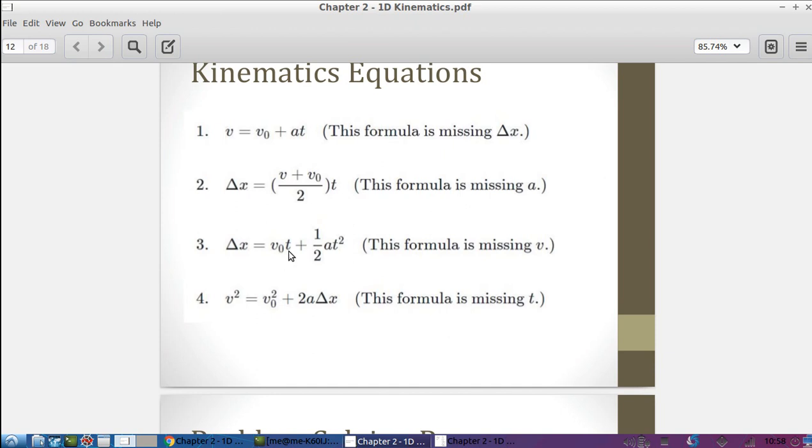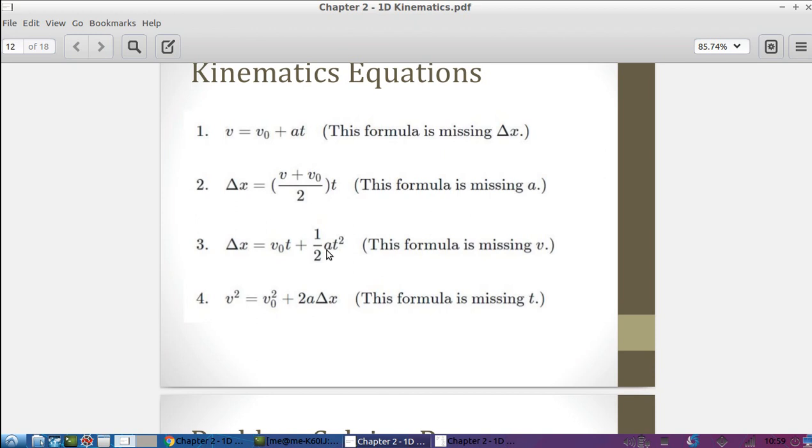Again, these formulas are actually derived from calculus. This is how we arrived at these equations. We won't go into how that occurred. This is my V initial t term. If V is not changing, this quantity would stay the same, and my acceleration is 0.